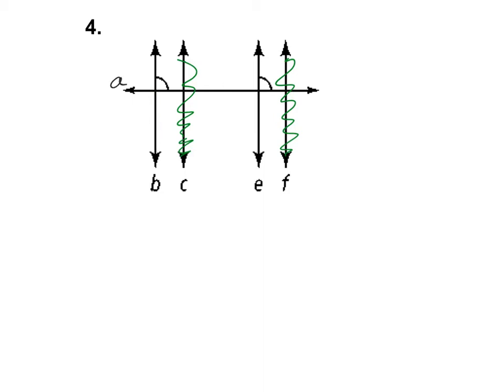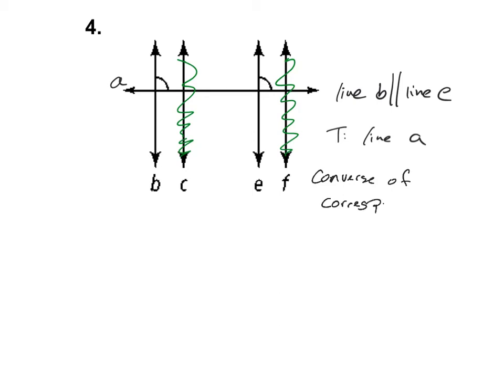Those two angles are corresponding angles, so line B is parallel to line E, A is the transversal, and this is the converse of corresponding angles.